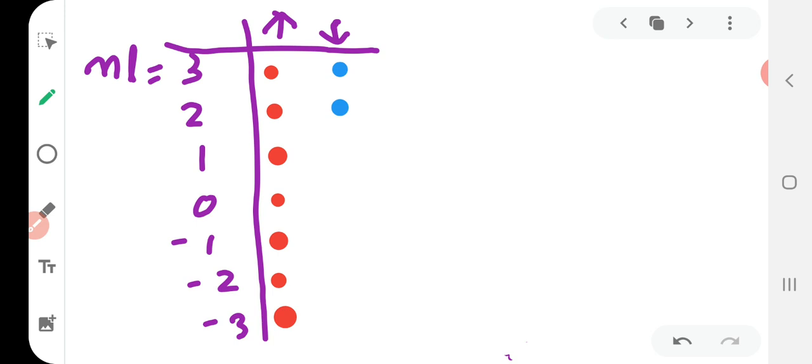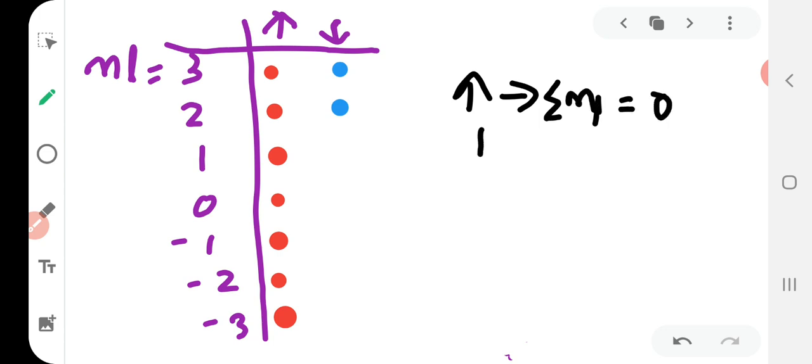And what will be the value of L? We have to add all these ml values. For these 7 electrons which are in the up state, what is the total value of ml? 3 plus 2 plus 1 plus 0 plus minus 1 plus minus 2 plus minus 3. That is, for the upspin, the total ml is equal to 0.